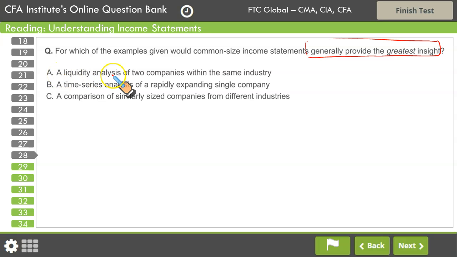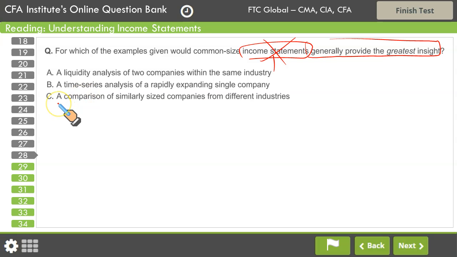A: a liquidity analysis of two companies within the same industry using income statement. How can we use income statement to assess the liquidity of two companies? Income statement shows the result of your operations, not liquidity. For that, you need to compare the balance sheet items in percentage terms. So A is incorrect.